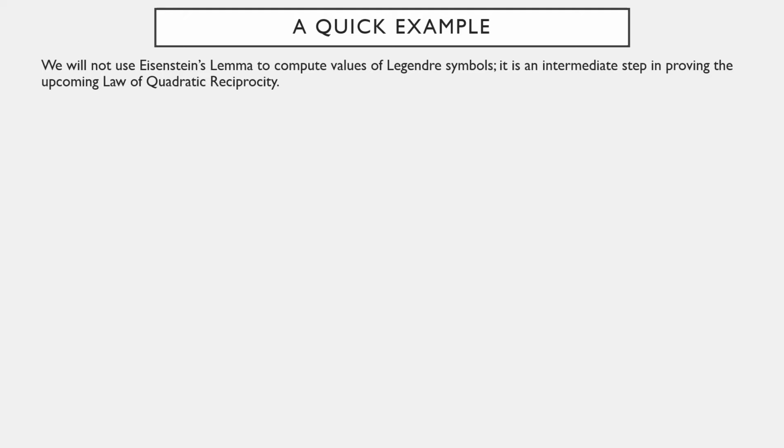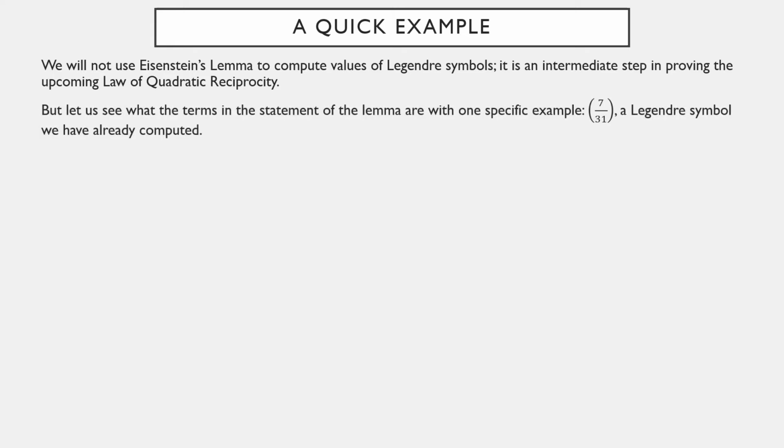We're not going to really use Eisenstein's lemma to compute Legendre symbols. Rather, it's an intermediate step in our forthcoming proof of the law of quadratic reciprocity. But let's at least see what the terms in the lemma represent. So we'll go through one specific example, the Legendre symbol 7 over 31, and we've actually already computed this.